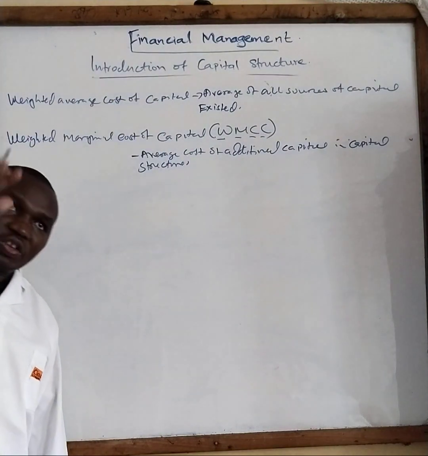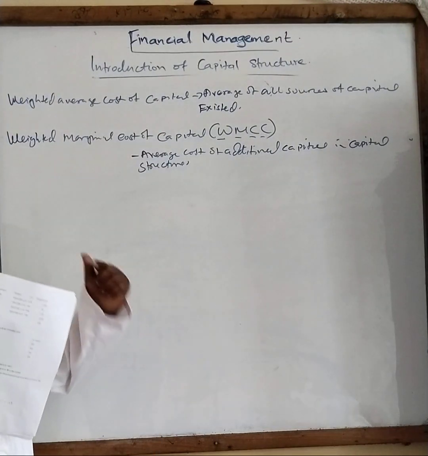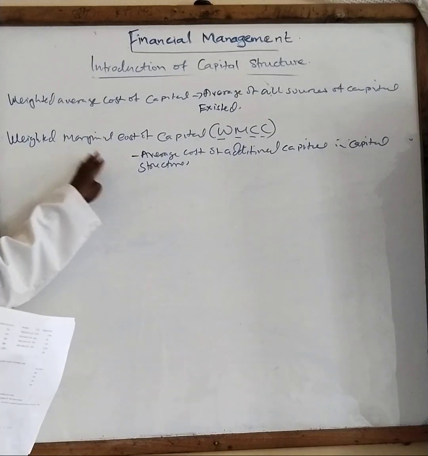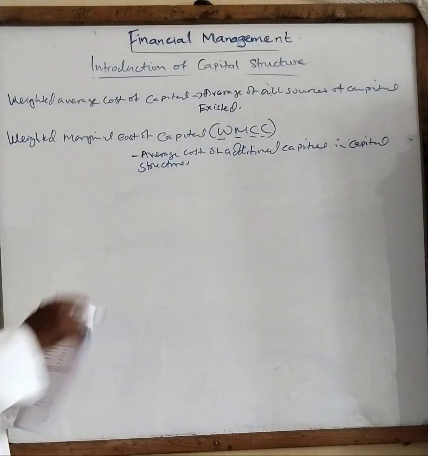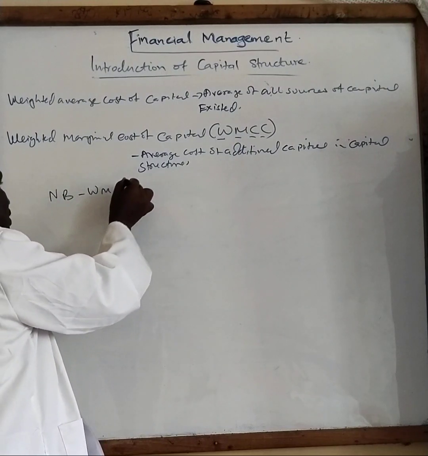So any additional fund will attract additional cost. That additional cost is what we call weighted marginal cost of capital, WMCC.